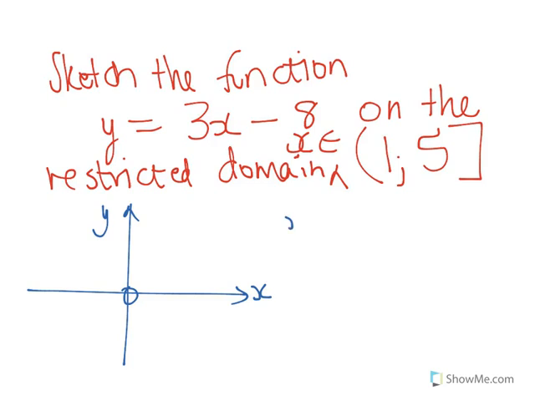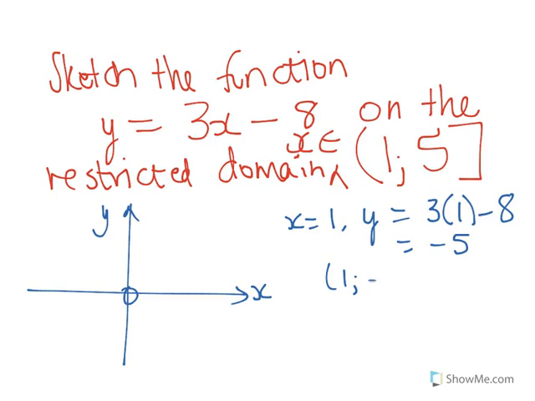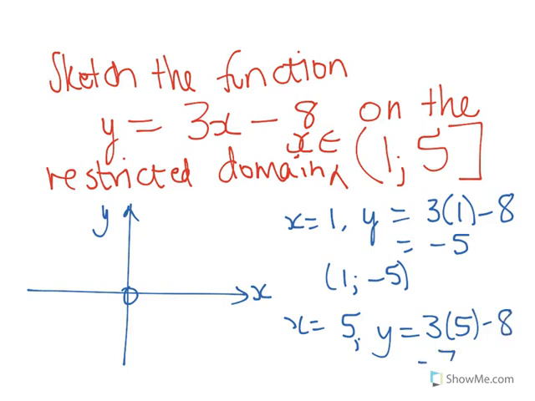When x is equal to 1, y is equal to 3 times 1 minus 8, which would be negative 5. So your one endpoint is going to be 1 and negative 5. And then next, when x is equal to 5, y is equal to 3 times 5 minus 8, which would be equal to 7. So your other endpoint is going to be 5 and 7.